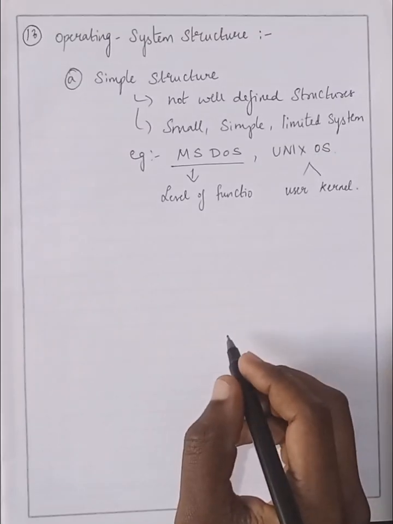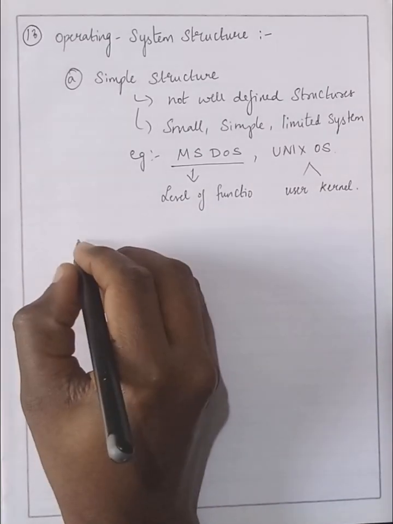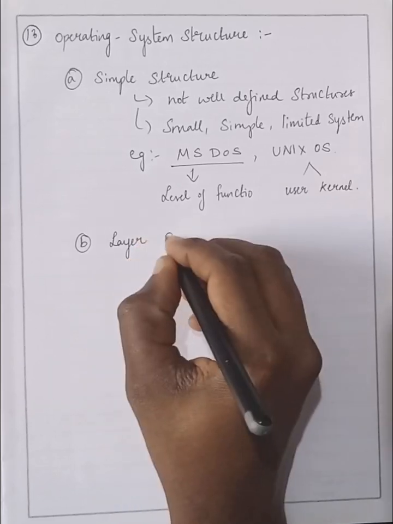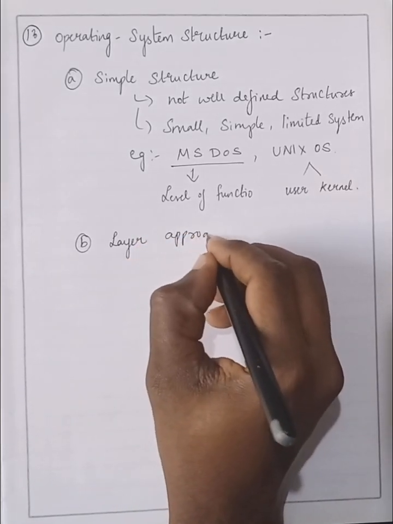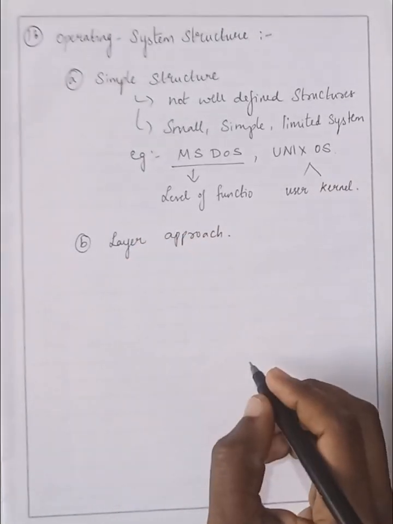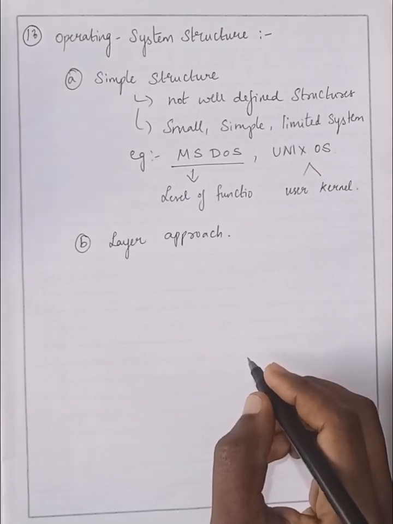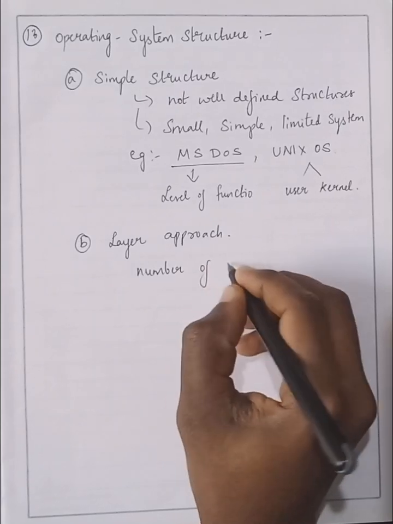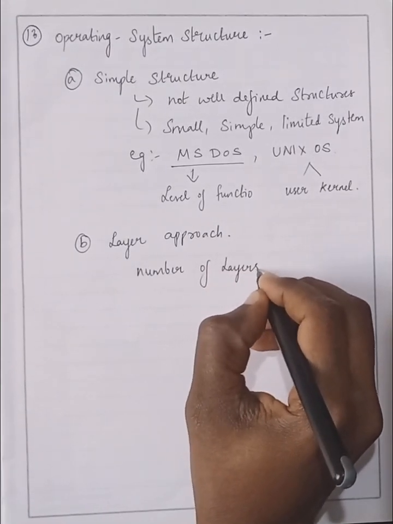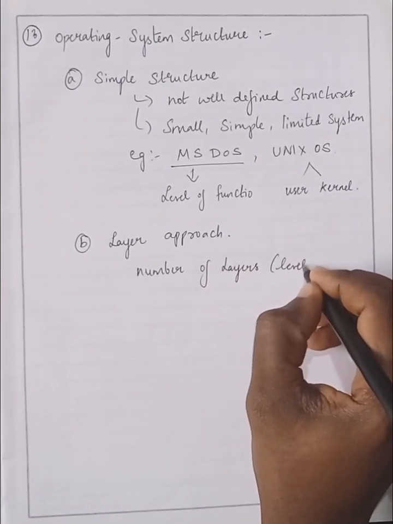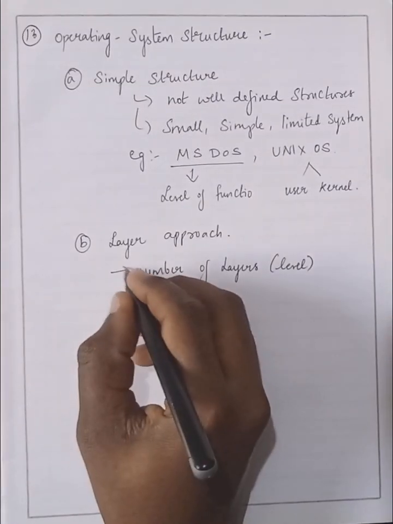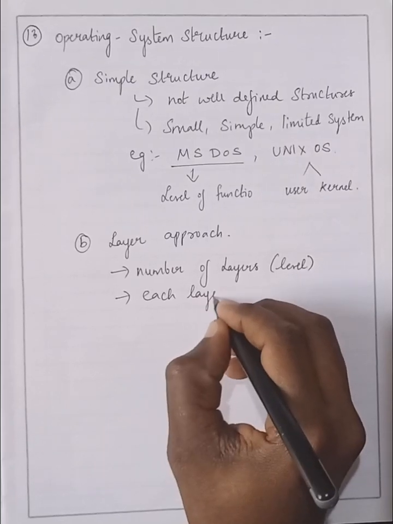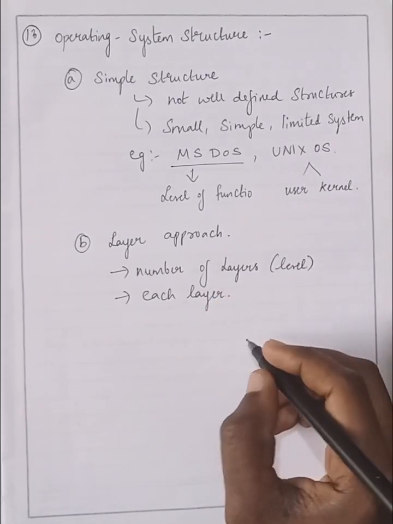So in the operating system structure, the second method is the layered approach. In the layered approach, we have a different number of layers or levels. Each layer has its own work to do and communicates with the top layer and the bottom layer.